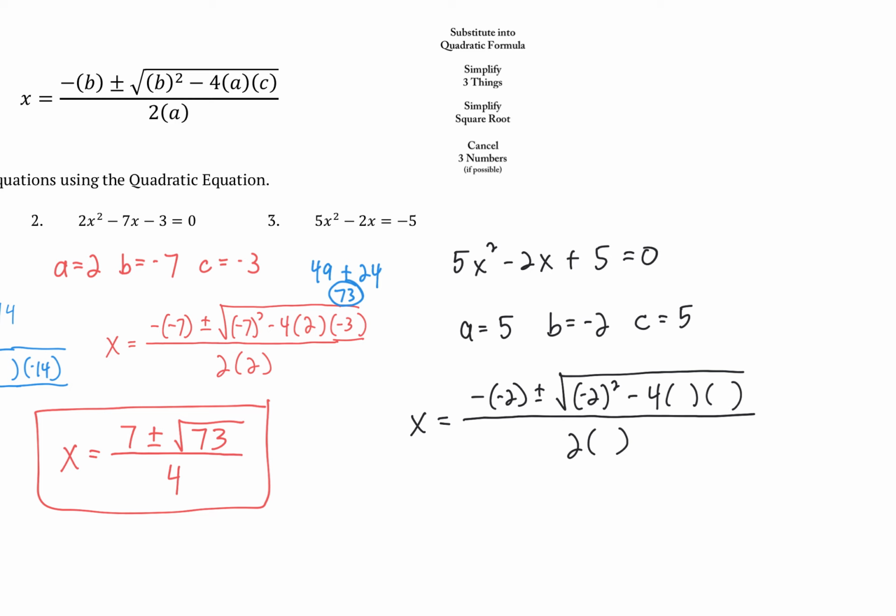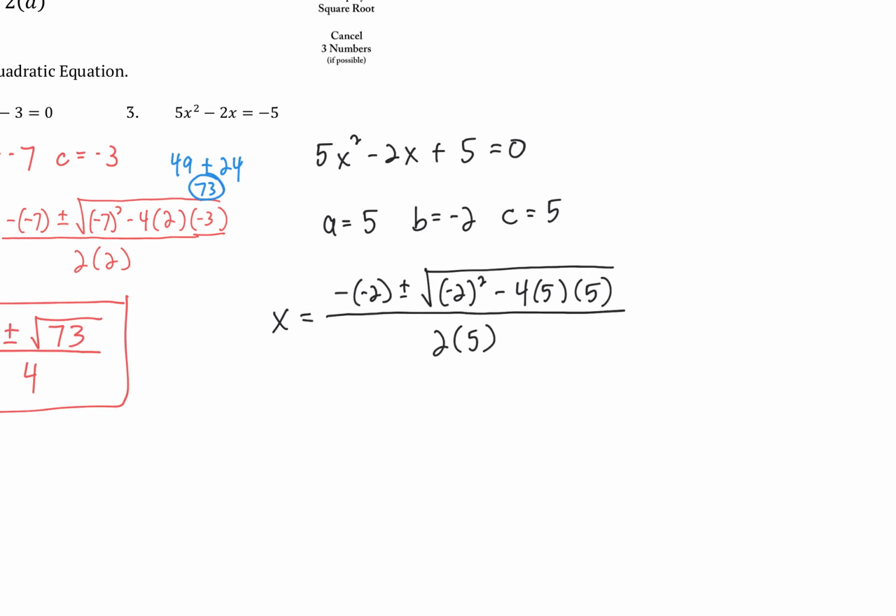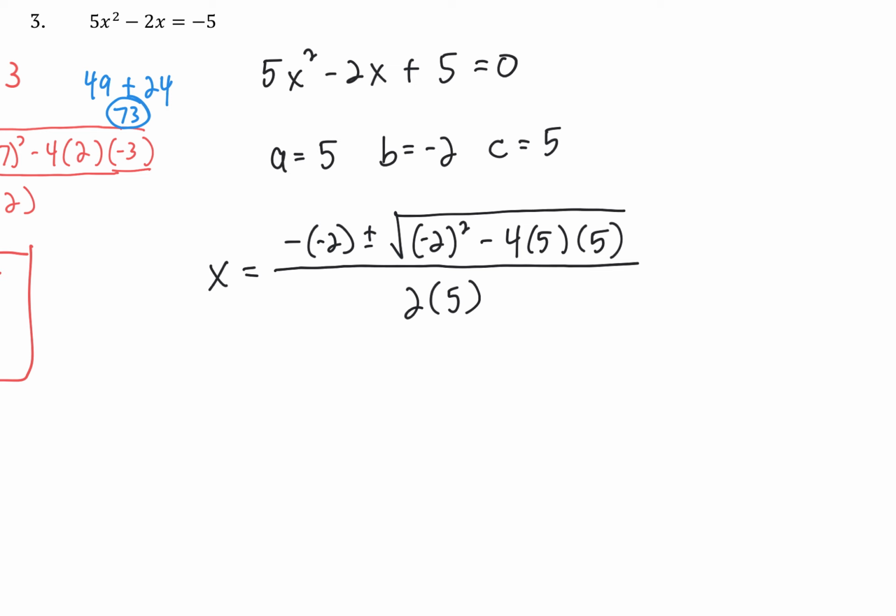The next two parentheses are a and c. Those both happen to be 5. And then the last one in the bottom, a, is 5. Negative negative 2 is a positive 2. Don't forget about the plus and minus next. And the bottom's 10.